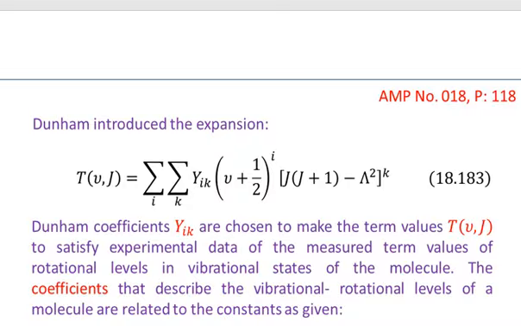So Dunham introduced the expansion, that is, T, the term value of the rotating molecule as a function of the quantum numbers V and J, is equal to a double summation.